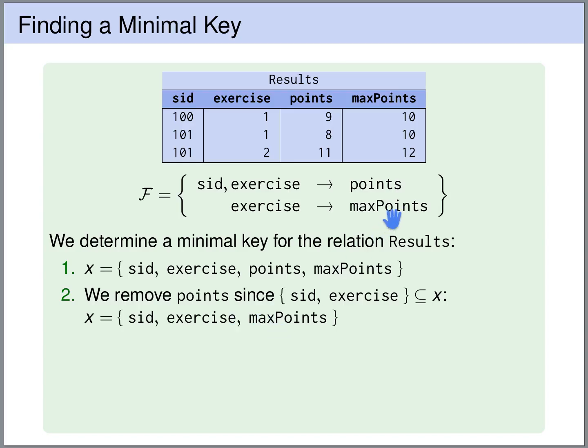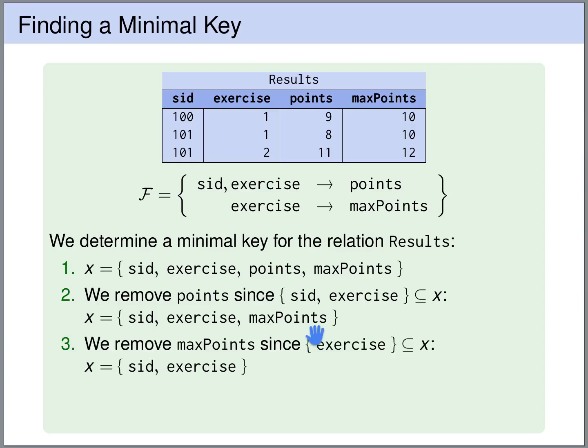Now we can remove max points because exercise is still in the set and exercise uniquely determines max points, so that when we remove max points and compute the cover, max points will still be in the cover. So now we have the set X being equal to sit and exercise.